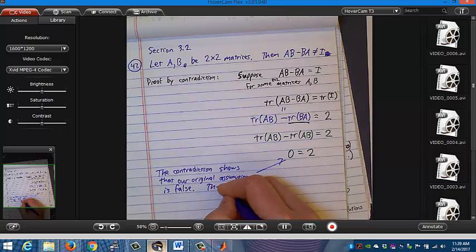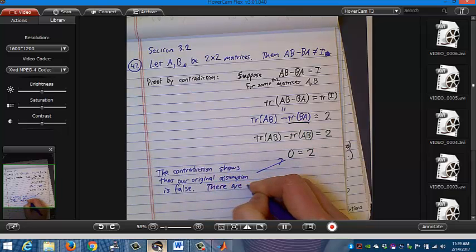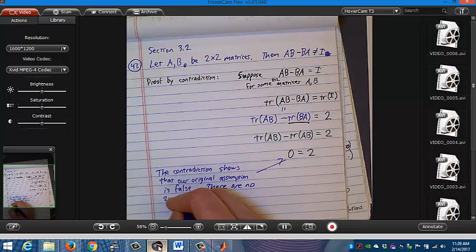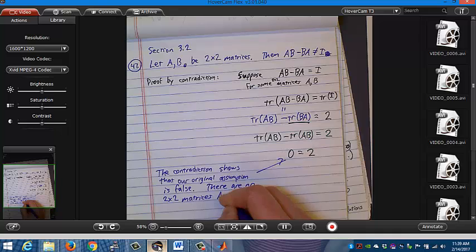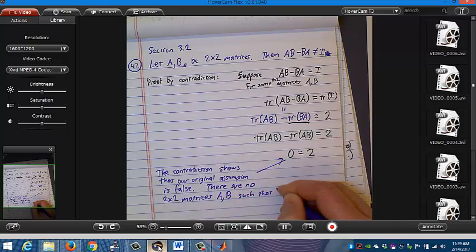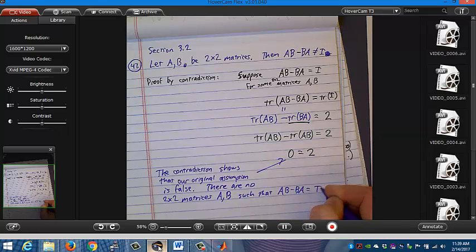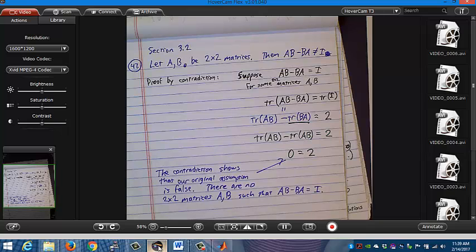There are no 2 by 2 matrices A and B such that AB minus BA equals I. That's called a proof by contradiction.